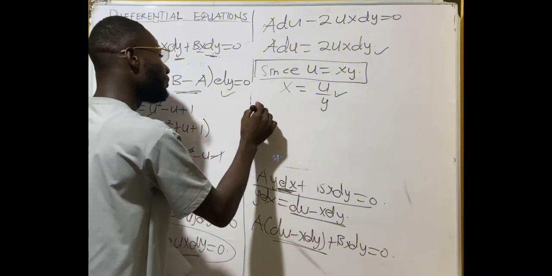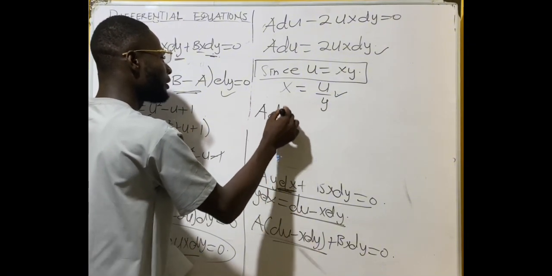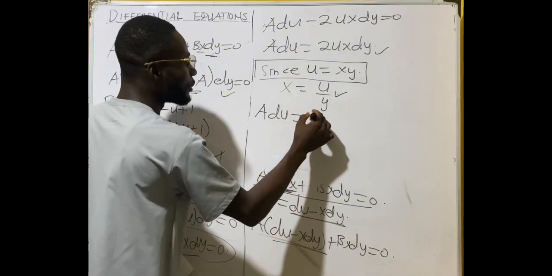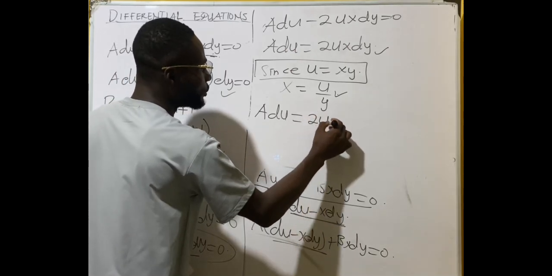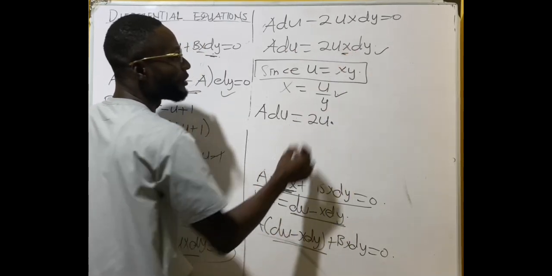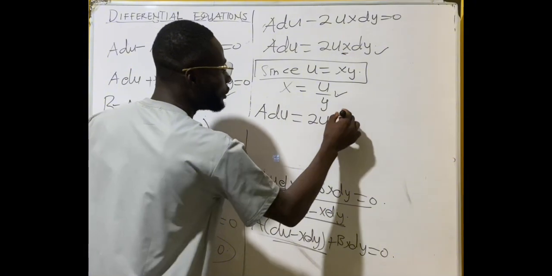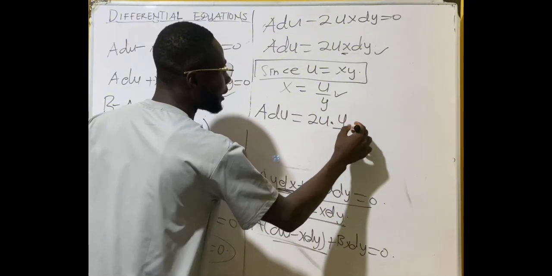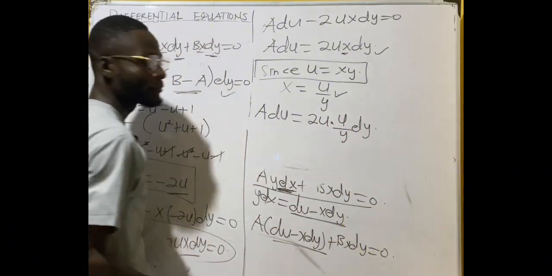So now we say that a du should be equal to 2u times x. Wherever we see x, we put u over y, then times dy, right?